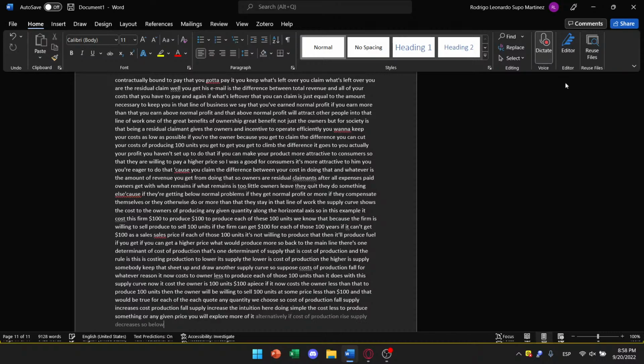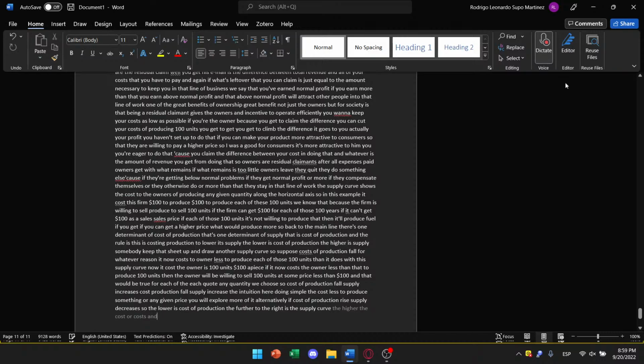So the lower is cost of production, the further to the right is the supply curve. The higher the cost of production, the further to the left is the supply curve. If cost of production falls, sellers are willing to sell ever more at the same price.